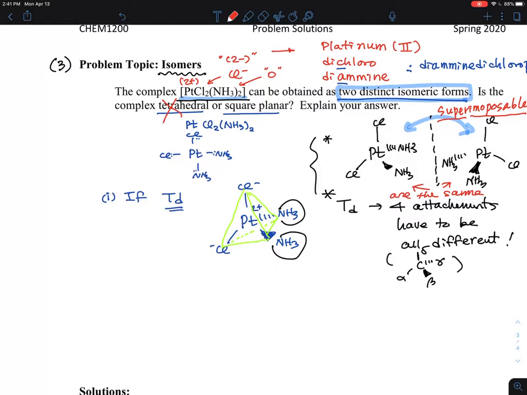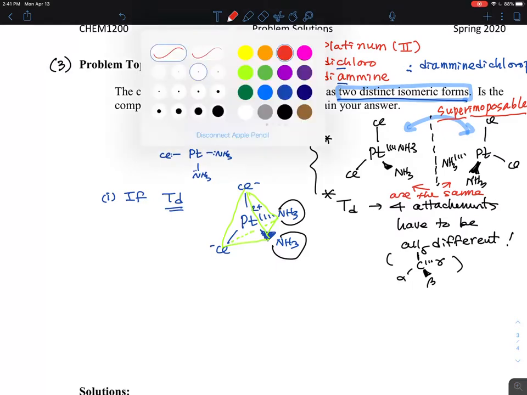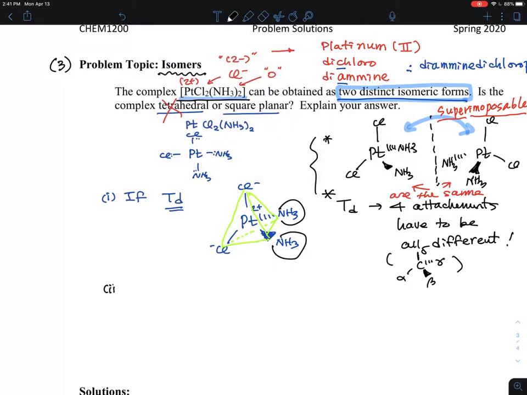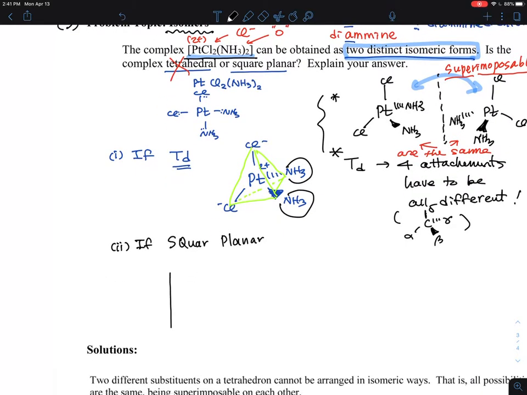Okay, and so number 2 is another possibility. They said, well, what about if it is square planar? In that case, the picture is pretty simple. I'm going to put a square planar, and then I'm going to put platinum, and then I can put chlorine here, NH3, NH3.